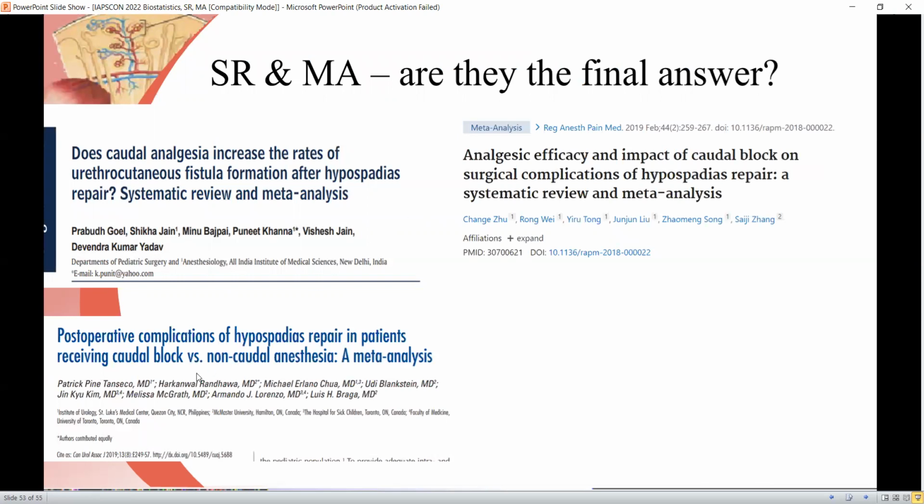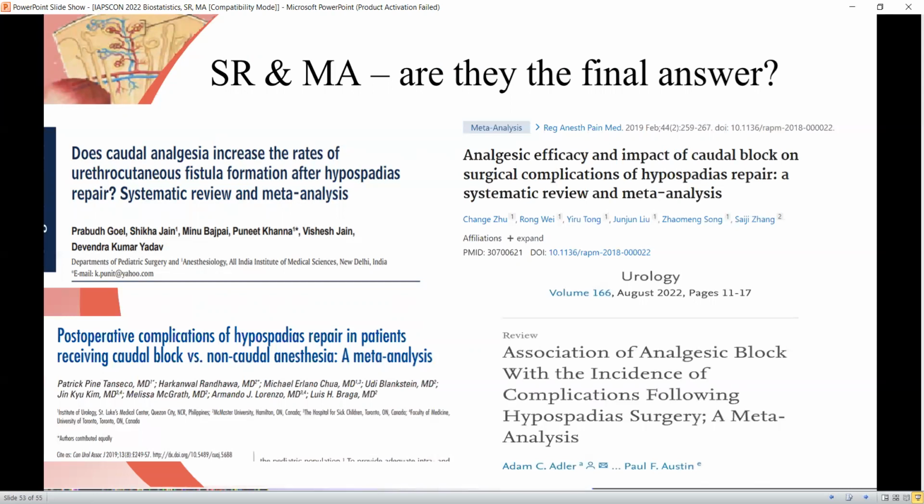The third one I read said that probably other factors were more important. And the fourth said that caudal analgesia block is not influencing the outcomes of hypospadias surgery. So within 3 years, four meta-analyses have been done on the same subject, and the pendulum has swung completely away. Now you might be concerned about it.